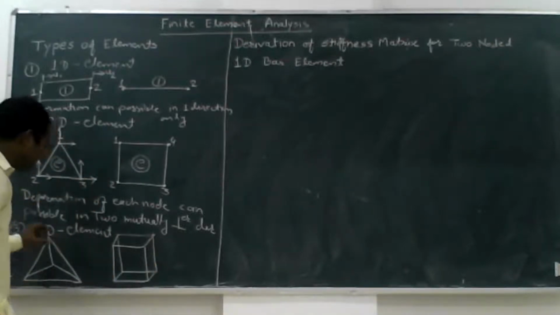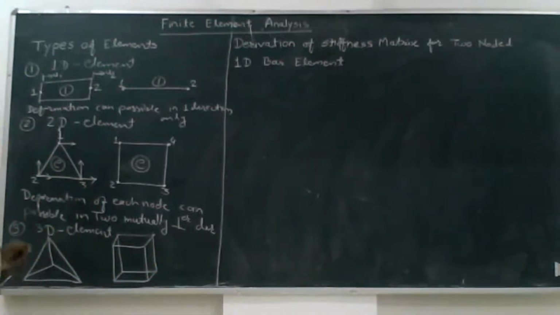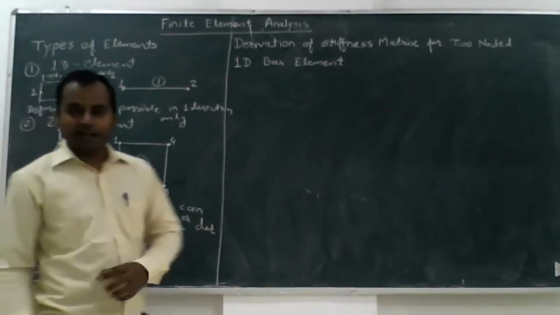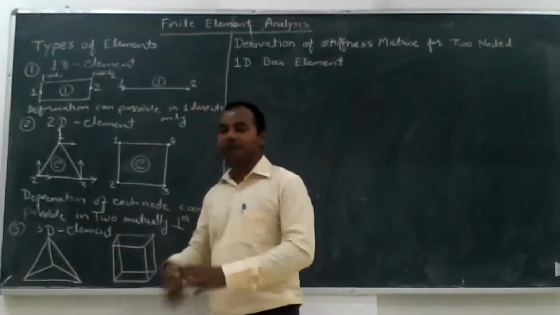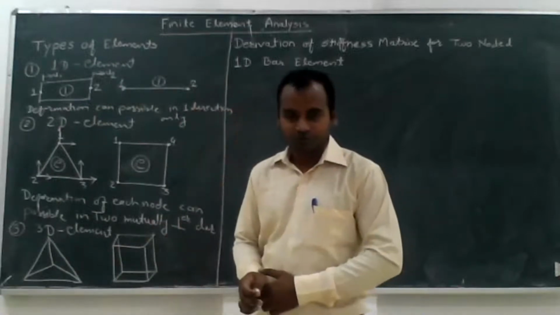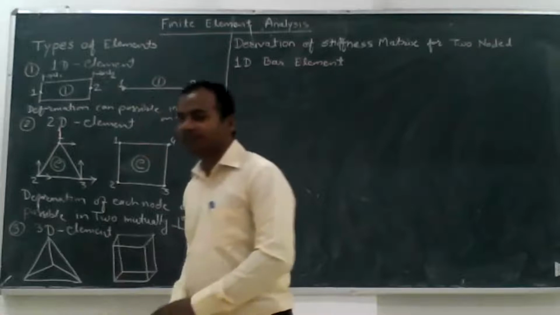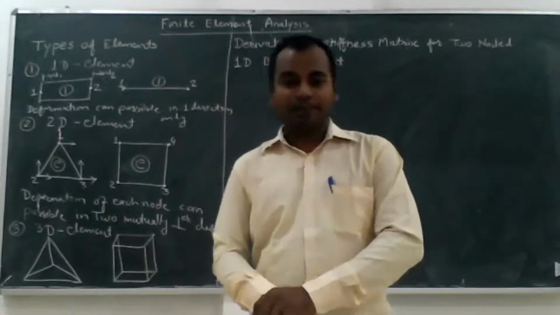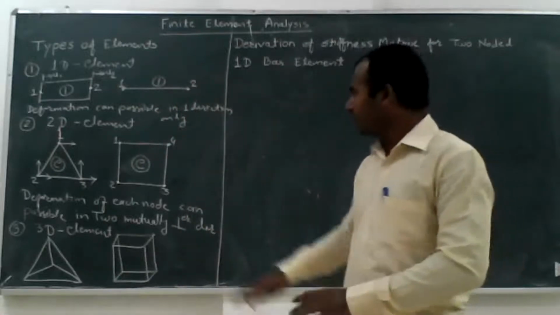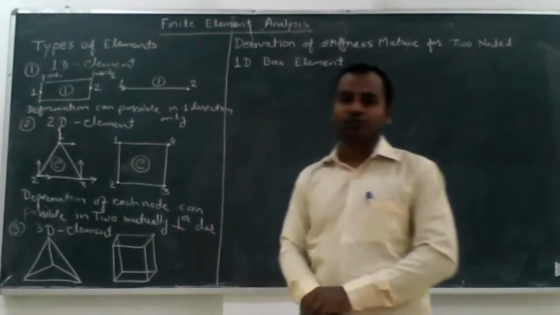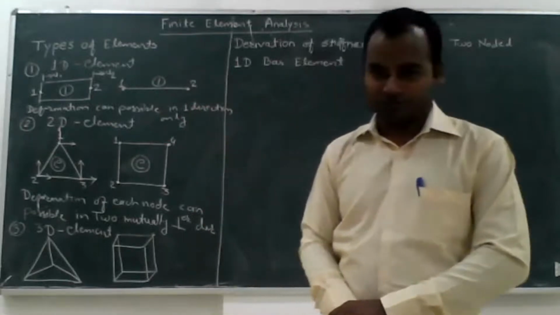Whatever the number of corners of the element, that will be the number of nodes. The element is connected with other elements with the help of the nodes. The 3D elements can be used for 3-dimensional geometry. So these are the basic types of element used in finite element analysis.